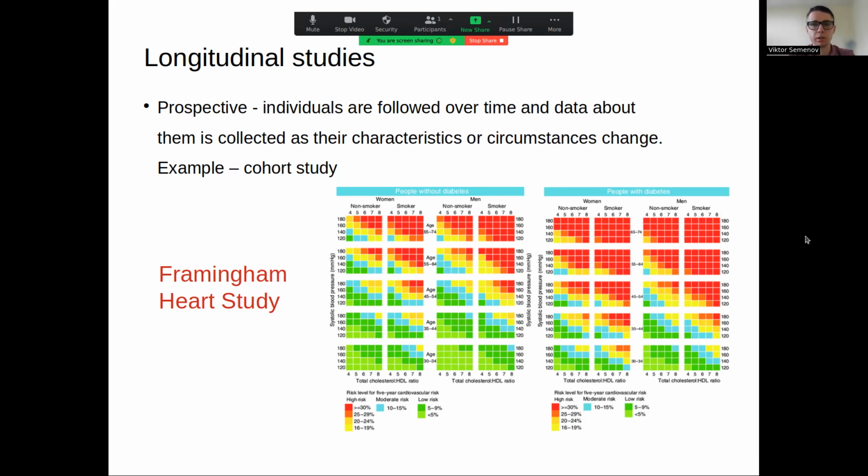For example, the European adaptation, the SCORE chart, used the same principle, but the numbers might be slightly different. But the approach developed by the Framingham Heart Study is pretty much the same. It's very interesting. I highly recommend you read more about this study, especially if you're going to be working in internal medicine. You will inevitably deal with this risk chart.